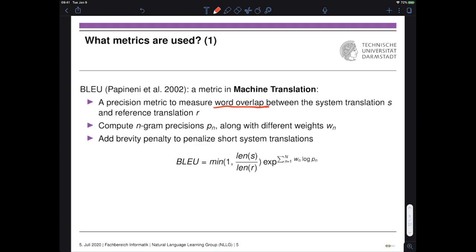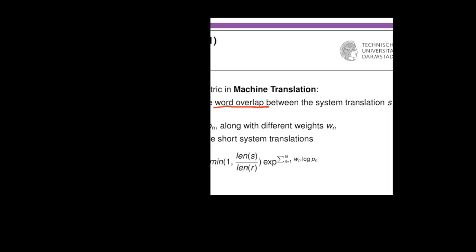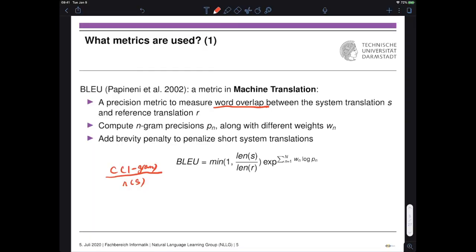For example, we can count repeated unigrams divided by the number of words in the system translation in order to get a unigram precision P1. Similarly, we can get bigram precision and trigram precision. Then we take the geometric mean of them in order to get the final BLEU score.